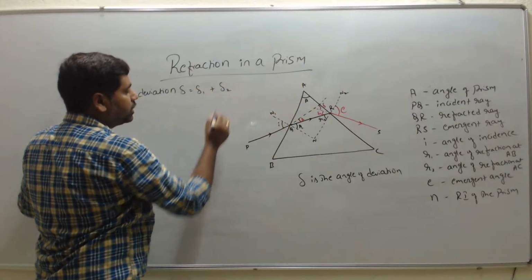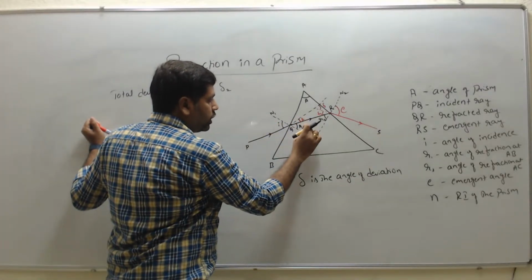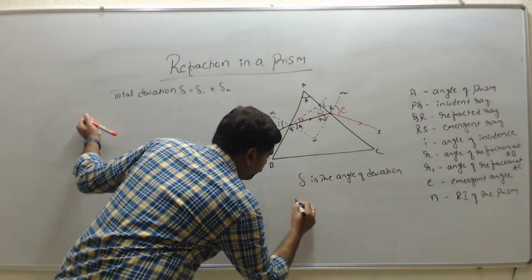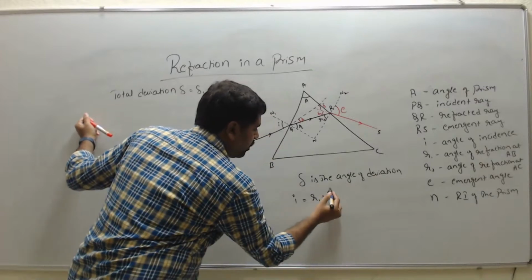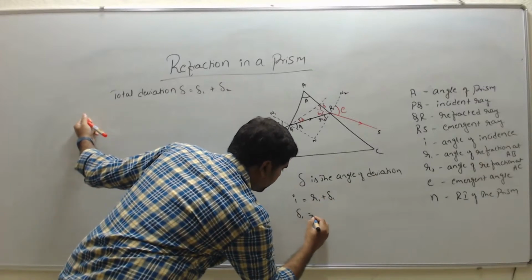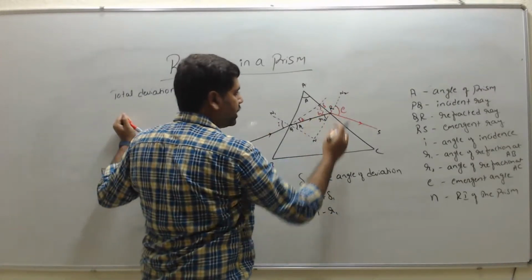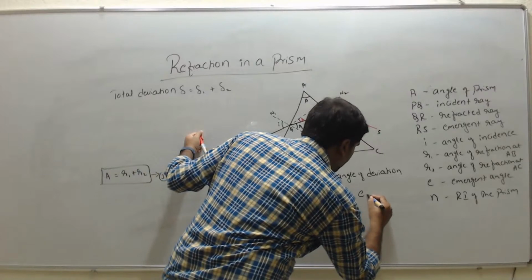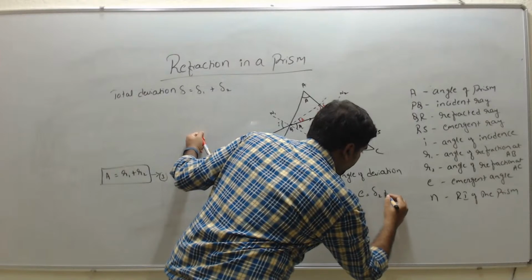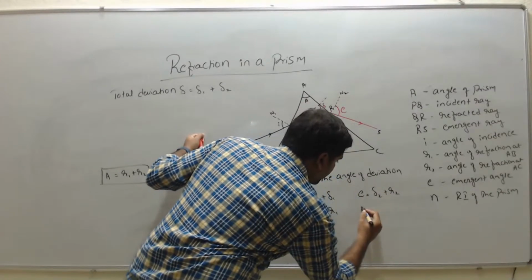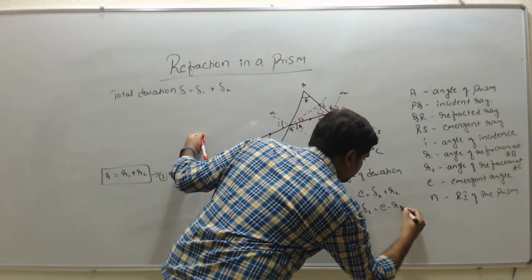So the total deviation delta equals the sum of the deviations of the two faces, that is delta 1 plus delta 2. If we observe here, angle I equals delta 1 plus R1, so delta 1 equals I minus R1. Emergent angle E equals delta 2 plus R2, so delta 2 equals E minus R2.